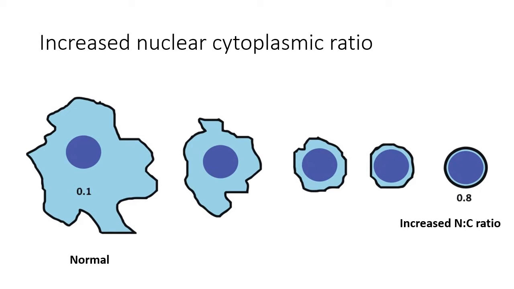That is, the size of the nuclei is enlarged disproportionately to the cell size, and this increases the nucleocytoplasmic ratio to around 1:1. The normal is 1:5, but in an anaplastic cell, it is increased to 1:1.